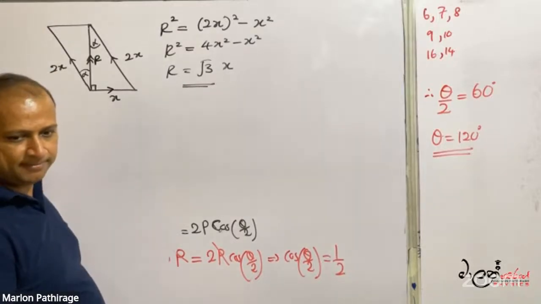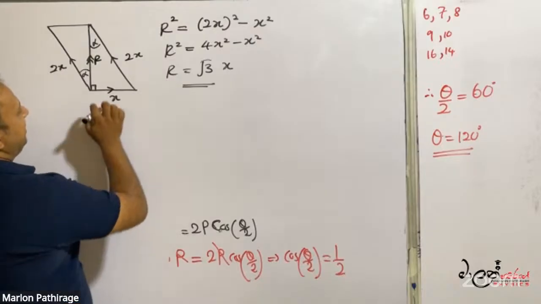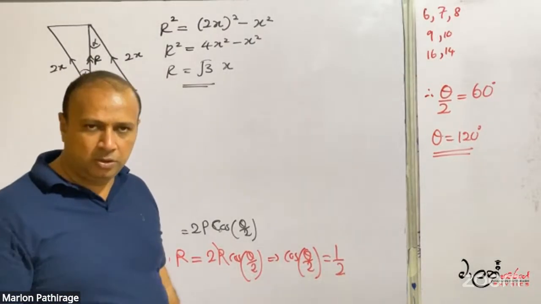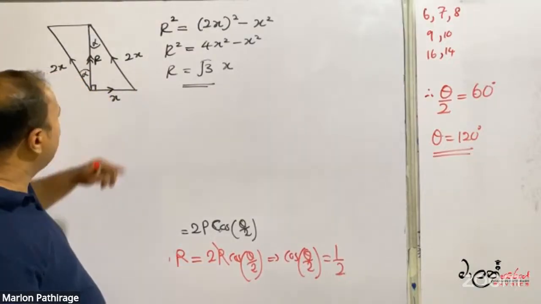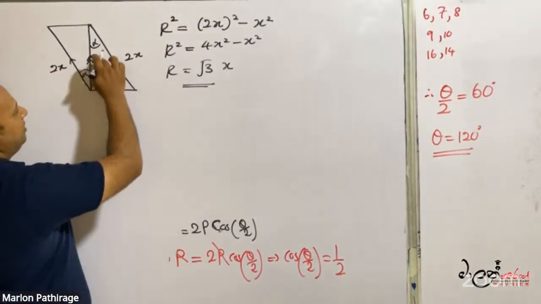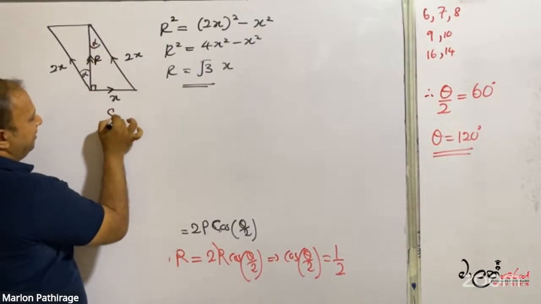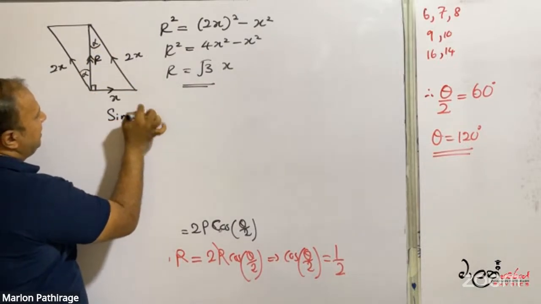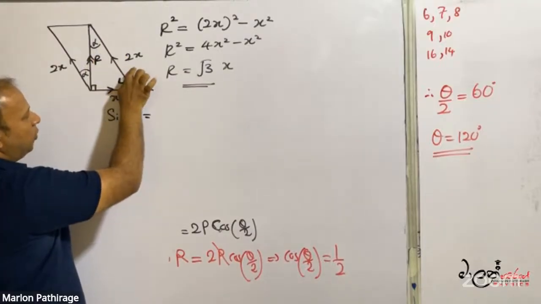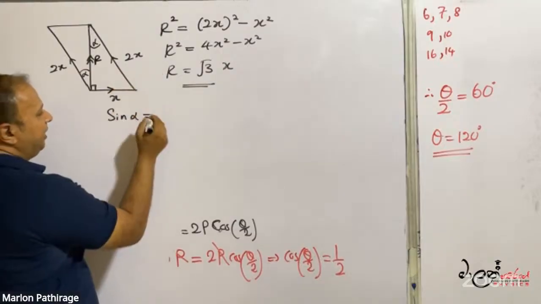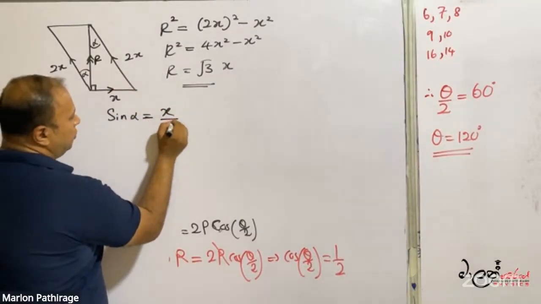Root 3x. Okay. Then to determine the angle, you need to have this value alpha. Therefore, you can simply find the value alpha using sine. Sine alpha is equal to opposite side over hypotenuse. Opposite side is x, hypotenuse is 2x.